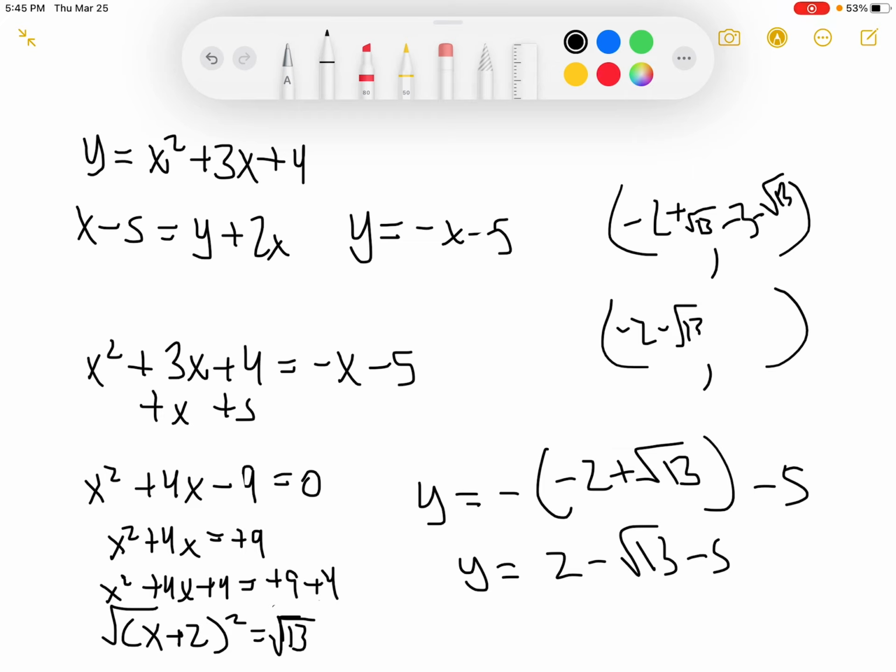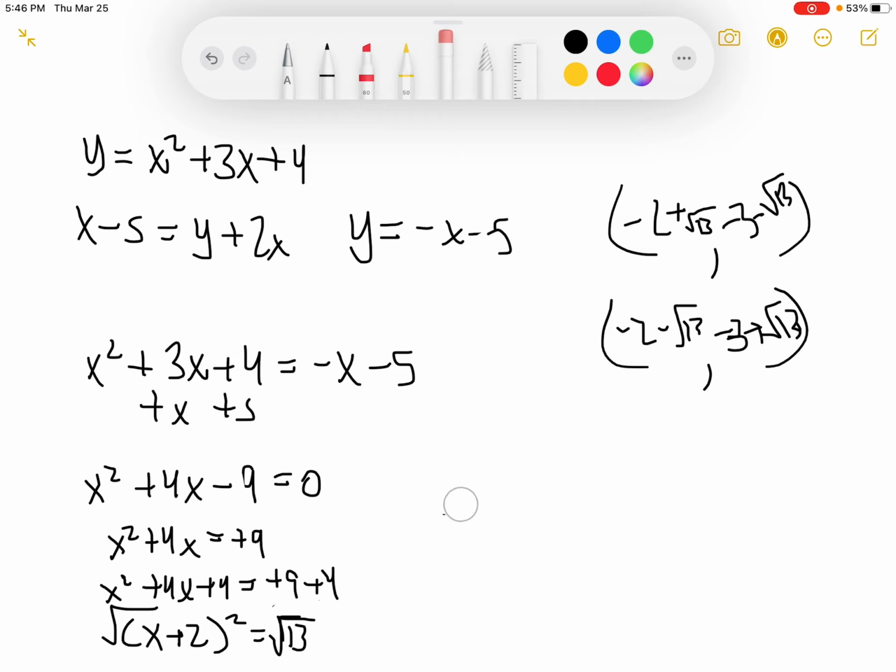Then the next thing that we need to plug in is the other x, which changes the sign. So now this is negative 3 plus the square root of 13. So there you go. Those are not so good coordinates for where they connect, but that's what it is.